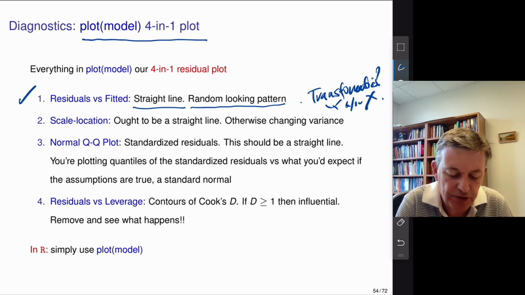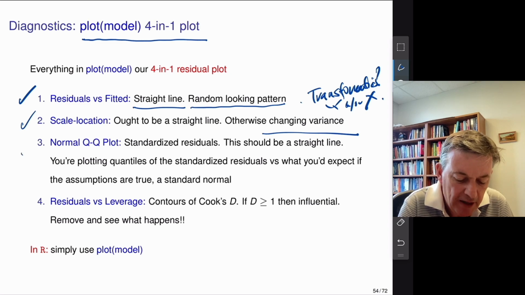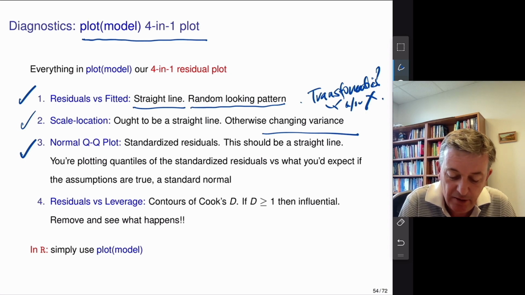We won't talk much about the scale location plot. Essentially, it's for checking changing variance or heteroscedastic errors. I like the normal quantile plot. What's a quantile plot? It's looking at the 10%, 20%, 30%. It's looking at percentiles of the distribution. So it's looking at the empirical percentiles of the standardized residuals against what you would have expected from what is true.